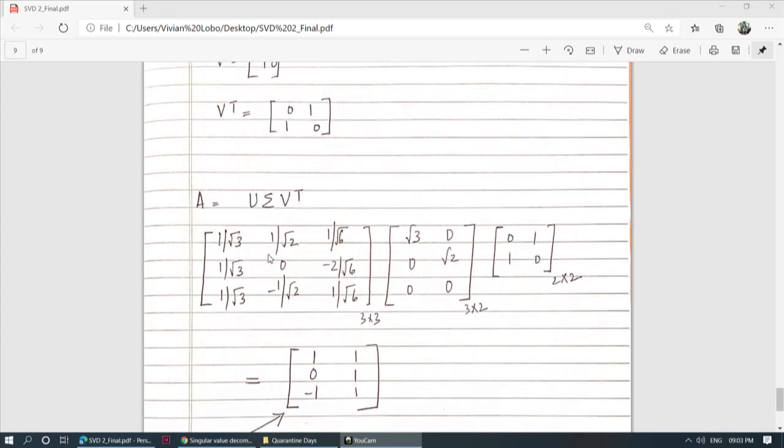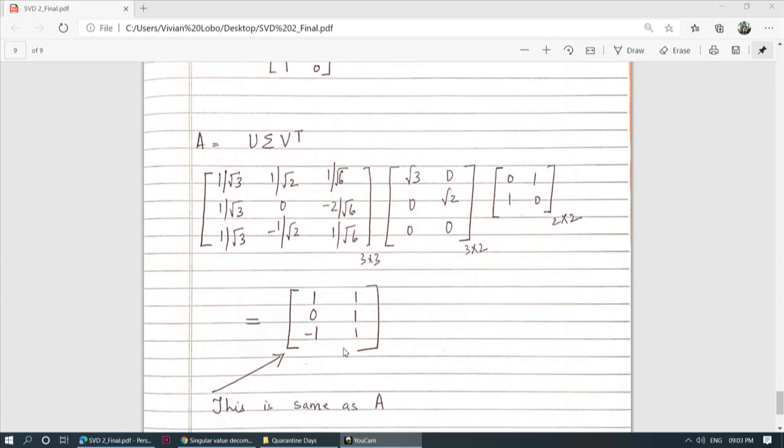So now we have got U, we have got summation, we have got V transpose. On performing matrix multiplication, we get the same matrix as A. Singular value decomposition is performed. If this value matches with the value of A, it indicates that you have correctly performed singular value decomposition. The matrix multiplication can be done through a calculator.